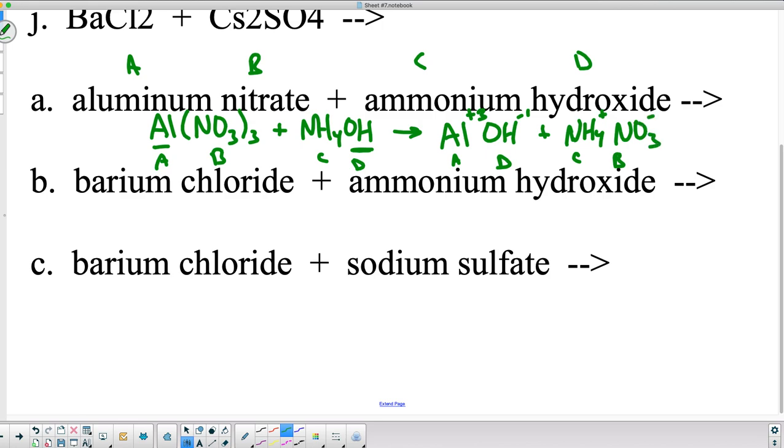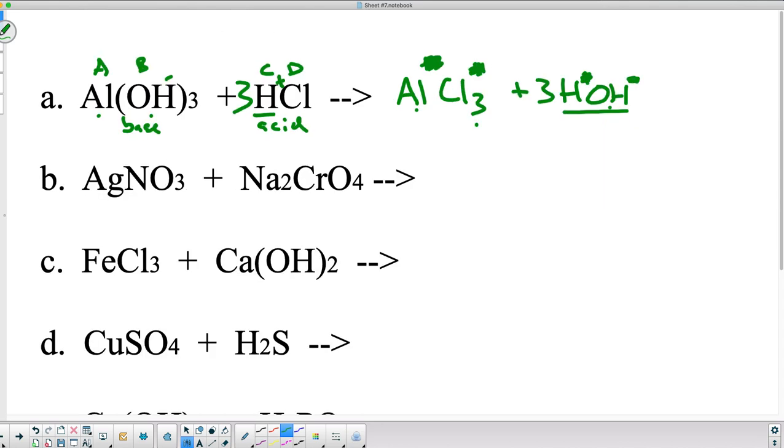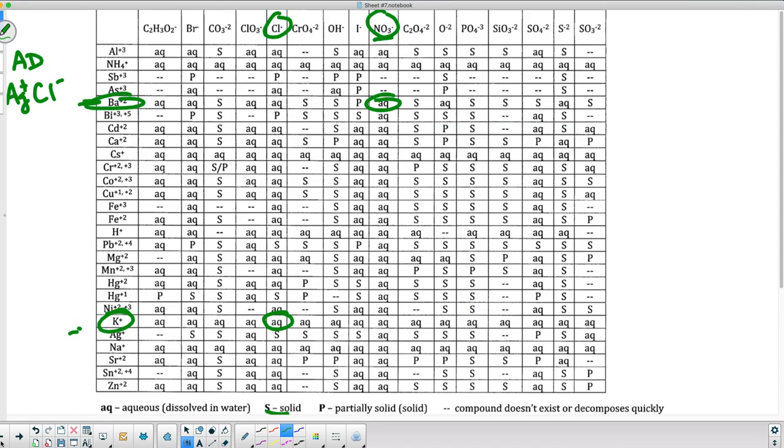Okay, so let's check the sheet. First of all, here's what we know. We know that NH4 here is another one that is all aqueous all the way across.